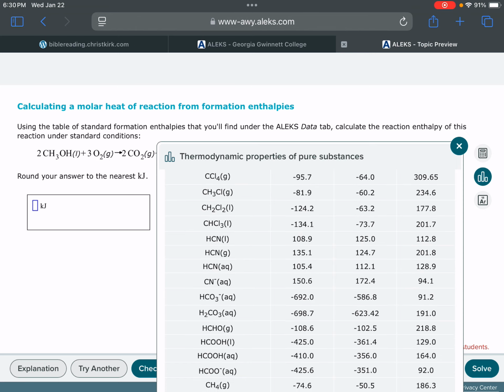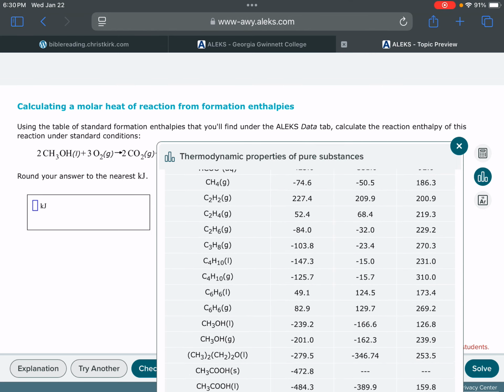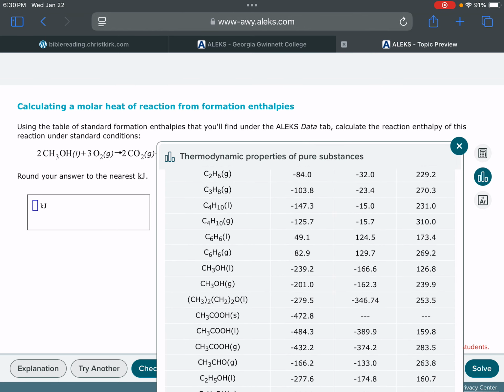CO2, that's calcium. I think I'm getting close to CO2. There it is. Okay. It's gaseous or aqueous. I can actually see the equation right there. It looks like it's gaseous. And so the gaseous one is here at the bottom of the screen. Can you see it? Minus 393.5.